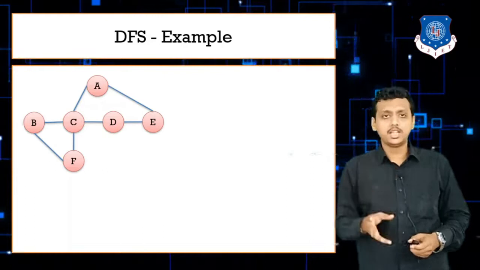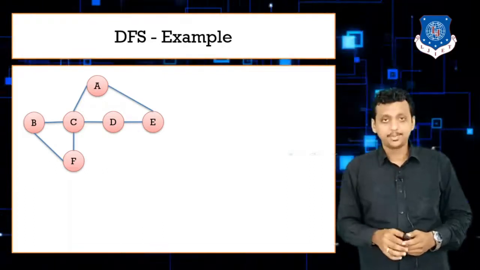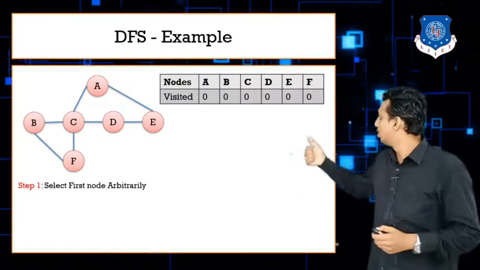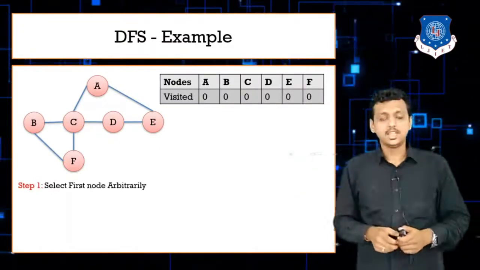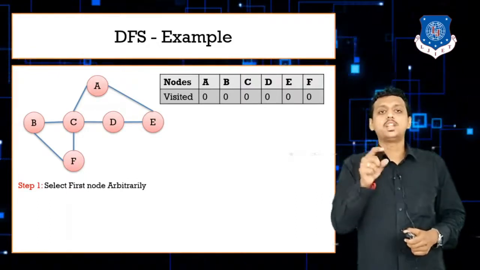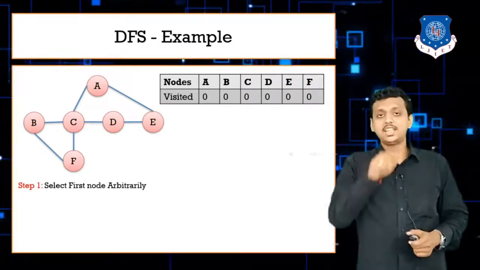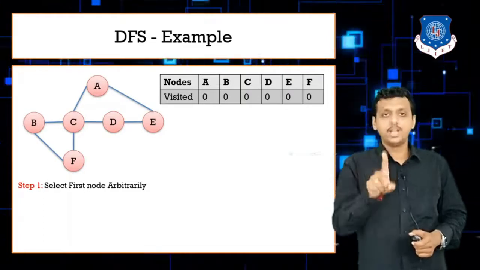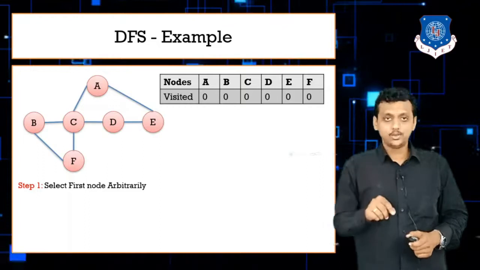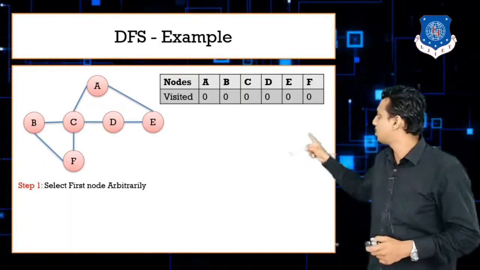So from A, B, C, D, I am just selecting node A. But before that, I am making one table which shows nodes and visited. By default in my array, I am putting visited value 0. If I visit any node, then I put value 1, and for all unvisited nodes, I have value 0. Okay, so this is for my calculation purpose.